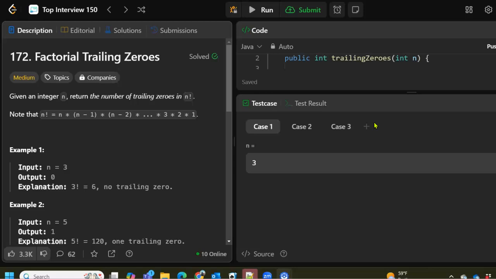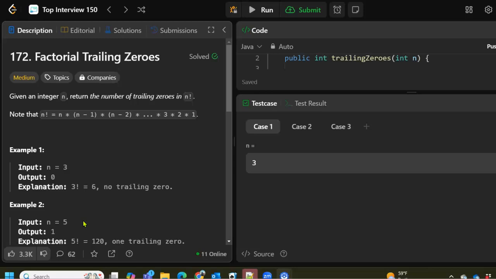So really the determining factor in how many trailing zeros there's going to be is how many factors of 5 are in the factorial. In this example, n equals 5, there's one number with a factor of 5, and that's 5. So there's one trailing zero.